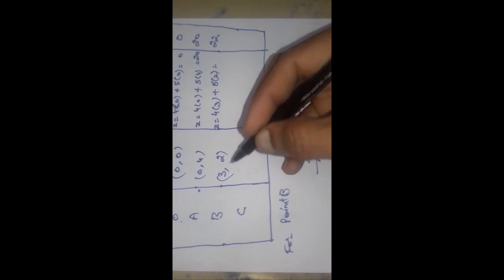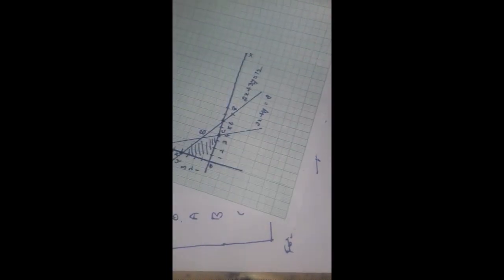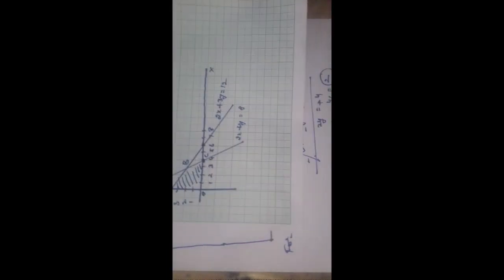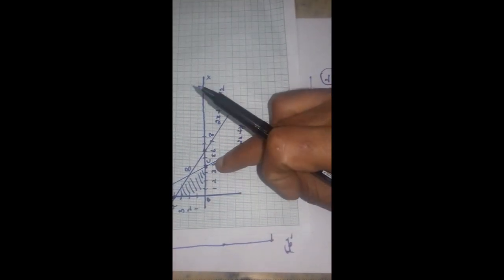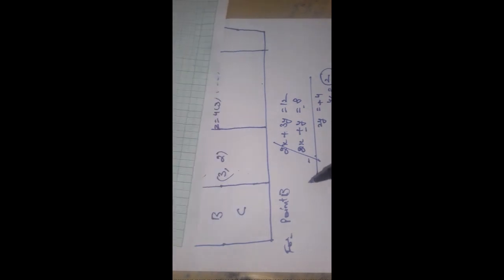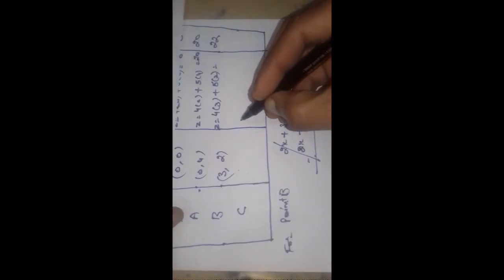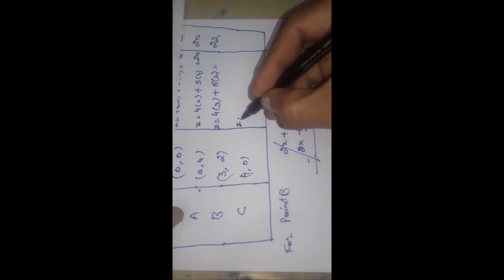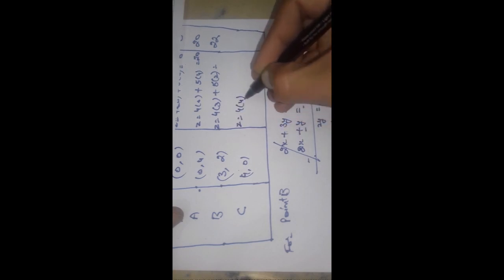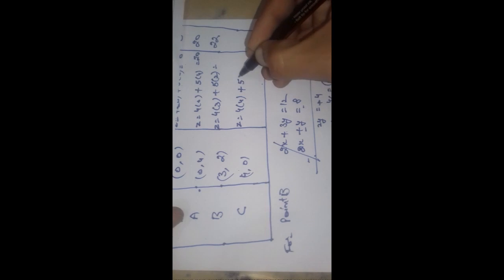And for point C on the graph, it was 4 comma 0. So z equals to 4 into 4 plus 5 into 0 equals to 16.